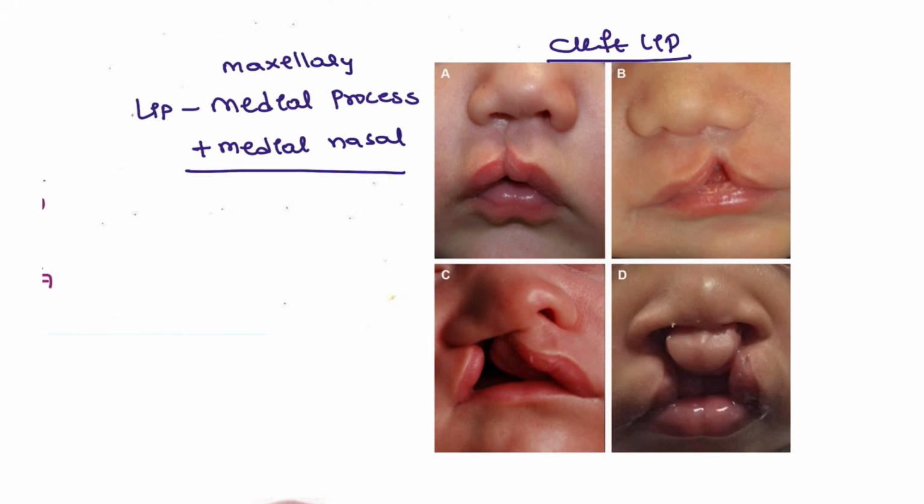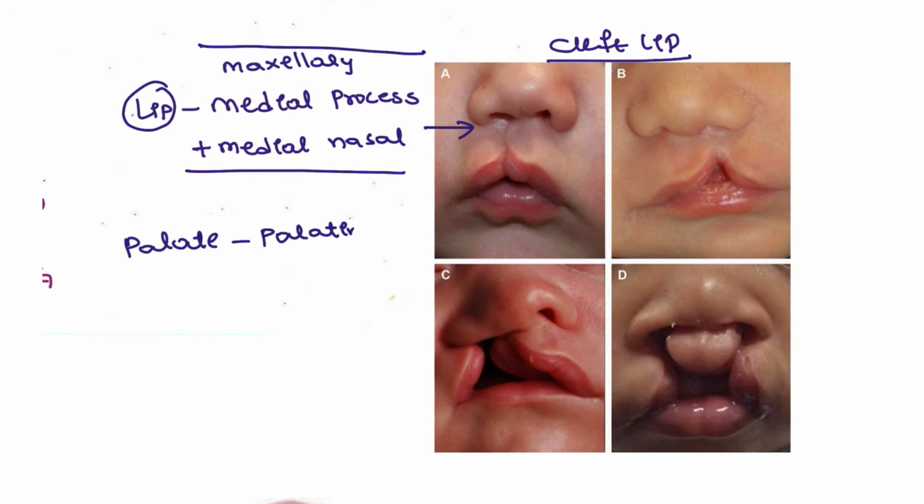If these two are not fused, the patient will suffer with a cleft lip. Next, we also have the cleft palate. The cleft palate defect is mostly due to the palatine shelves being non-fused. That is for the cleft palate.